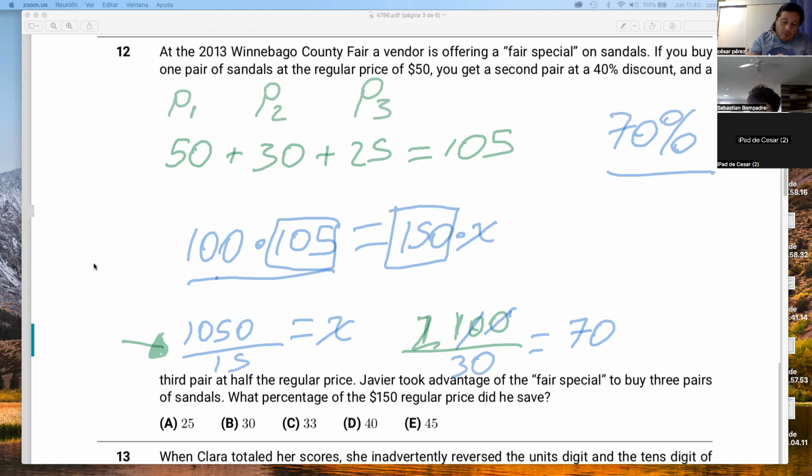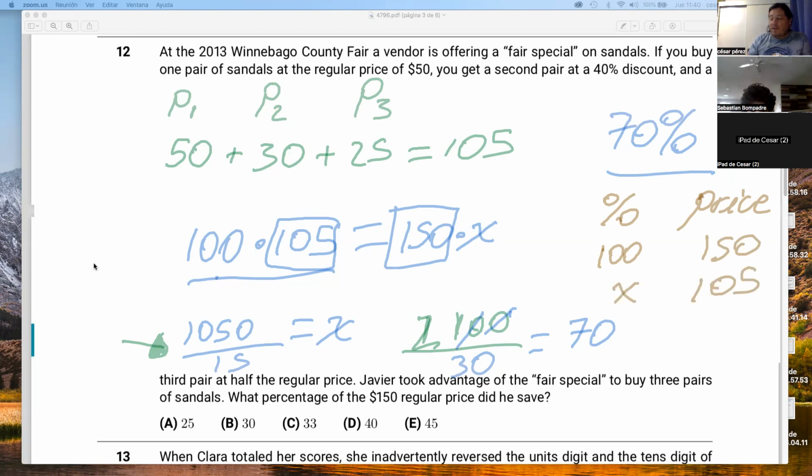Okay, remember, when we write the rule of 3, we write here percentages, and here we write prices. So we know that 100% is 150. What percentage will be 105?